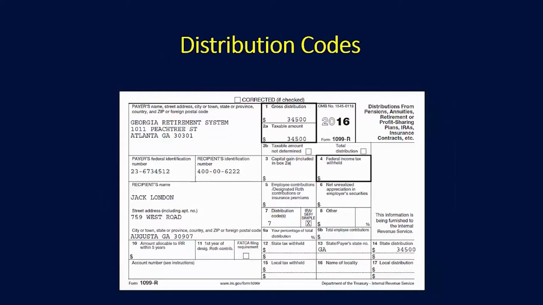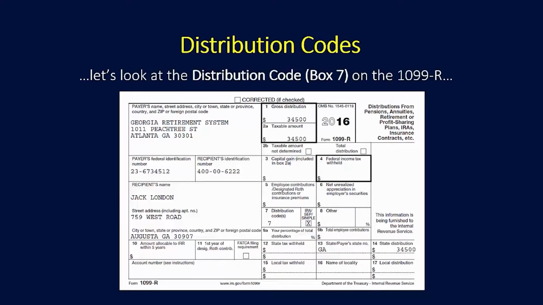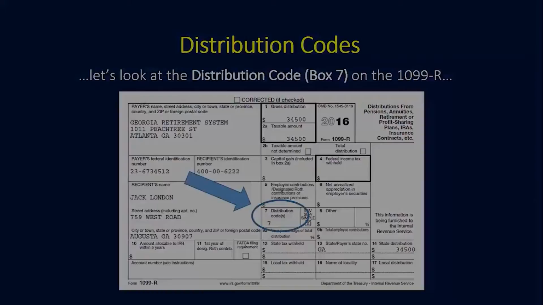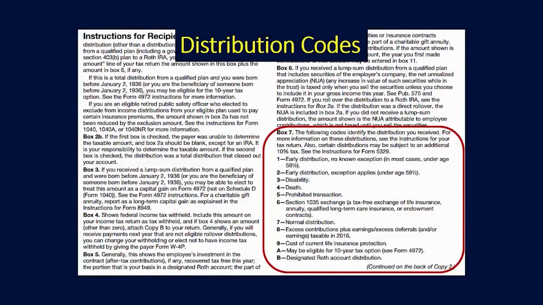Now, on the 1099-R, there are distribution codes that appear in box 7. Let's take a look at the distribution code on the 1099-R. The distribution codes can be found by flipping over the 1099-R statement, and these distribution codes are often listed on the back of the 1099-R form.